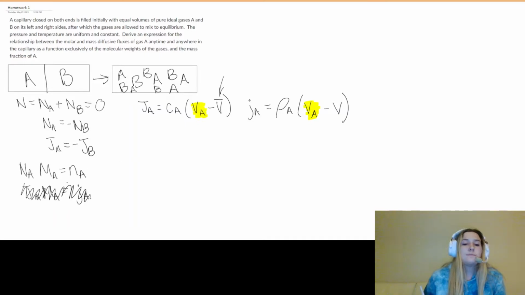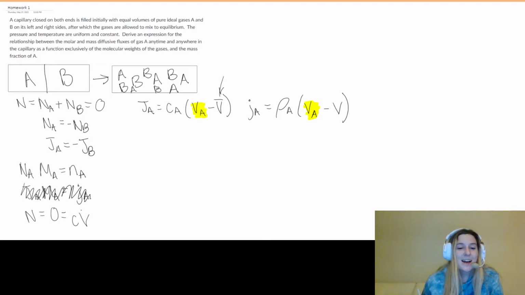The molar average velocity is also within another equation that we can look at. So the molar flux, which is equal to 0, which we know from up here, equals the molar concentration times the average molar velocity.